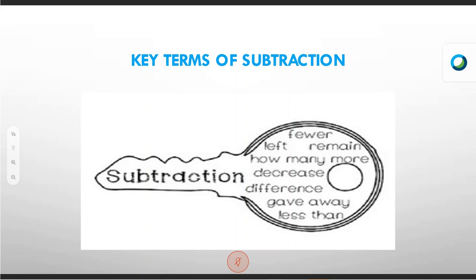So we are going to look at the terms that make you do subtraction: fewer, left, remain, how many more, decrease, difference, gave away, less than. If I use any of these terms, it means subtraction.